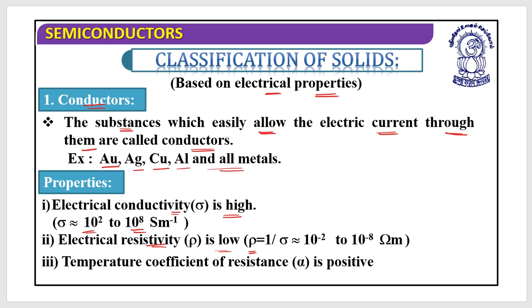Resistivity is equal to 1 by conductivity, which is approximately 10 to the power minus 2 to 10 to the power minus 8 ohm meter. The temperature coefficient of resistance, which we call alpha, is positive.